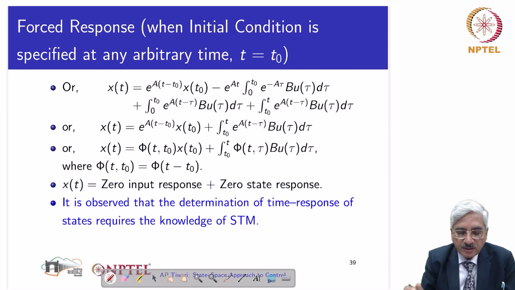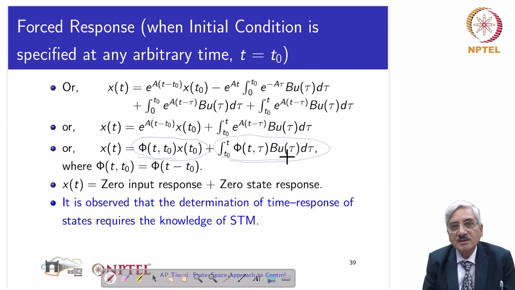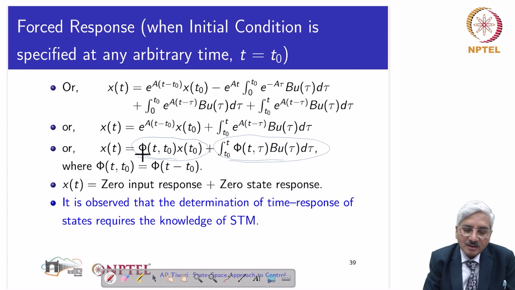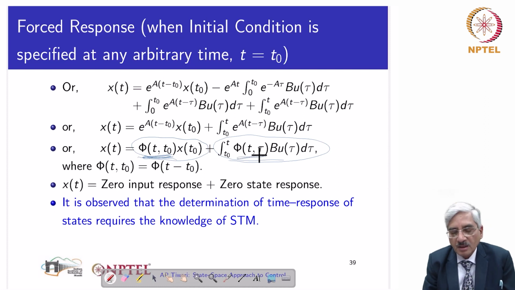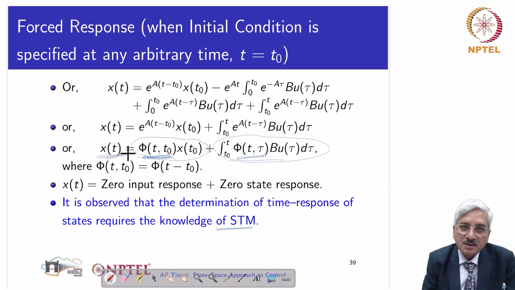Another observation we make is that both the zero input response, which is this, and the zero state response, which is given by this integral, contain the STM phi(t, t0) here and phi(t, tau) here. So knowledge of the state transition matrix, STM, is absolutely important for determining the time response solution of the state.